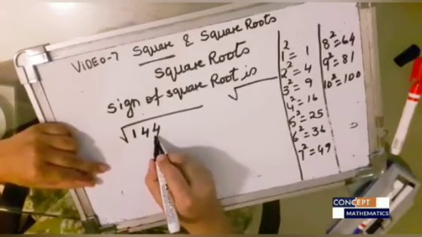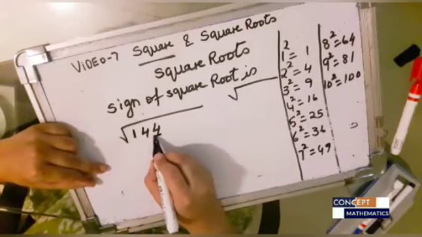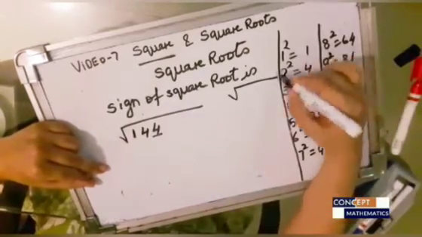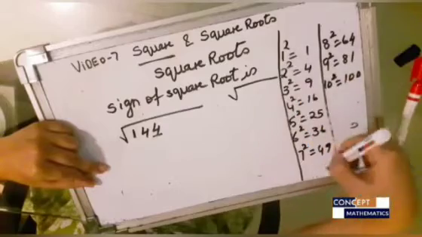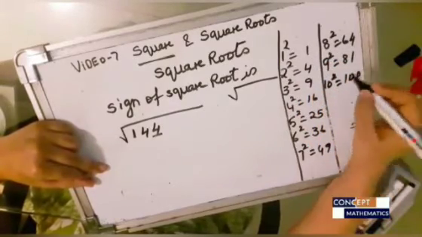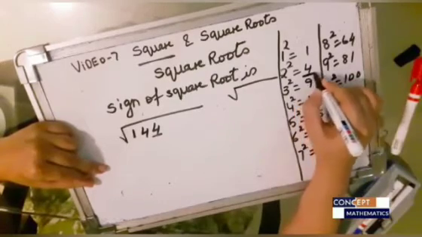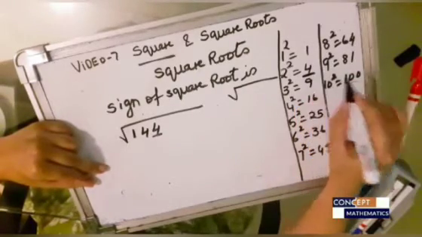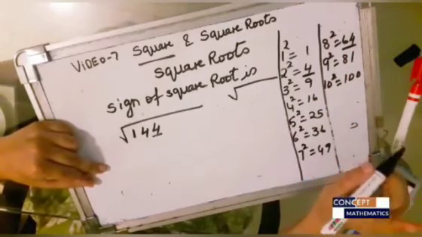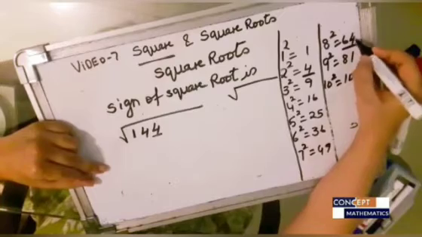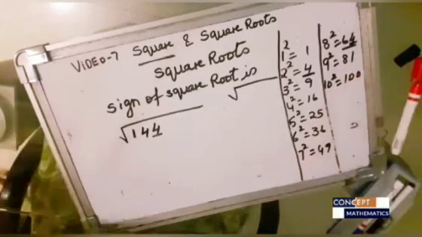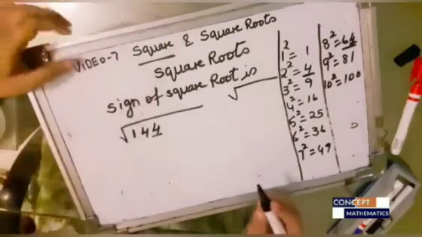Now you have to see the units place. In the units place the number is 4. So you have to find numbers in the squares which have last digit 4. Here we have 2 square, where the last digit is 4, and 8 square, which is 64, where the last digit is 4.